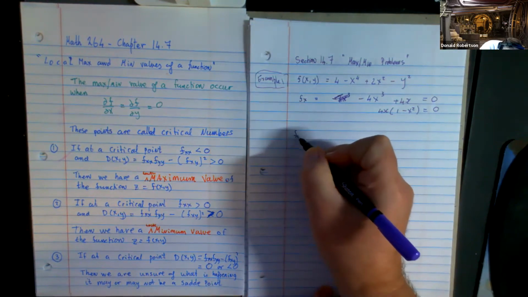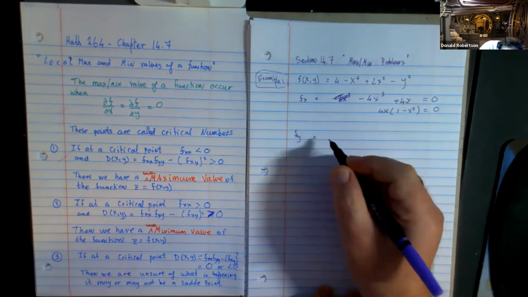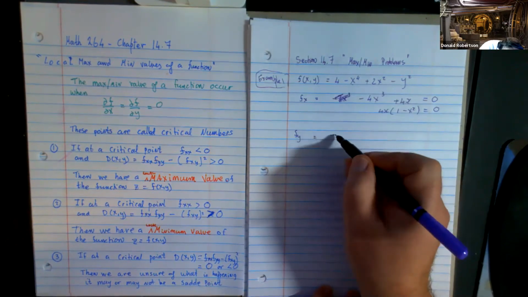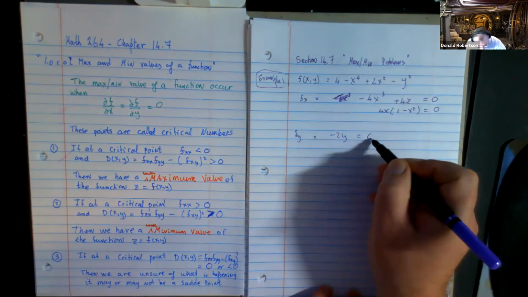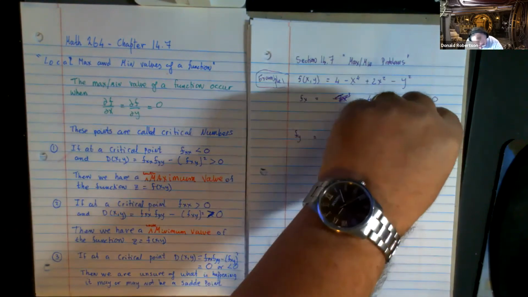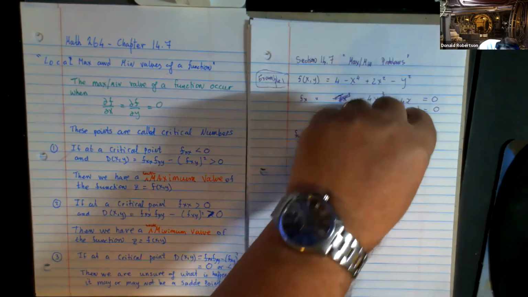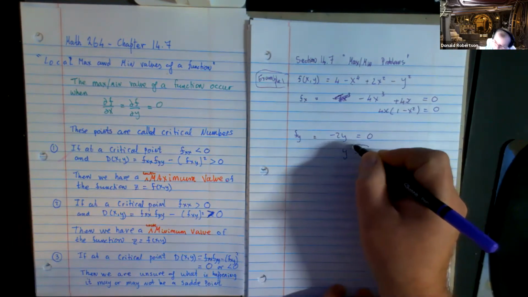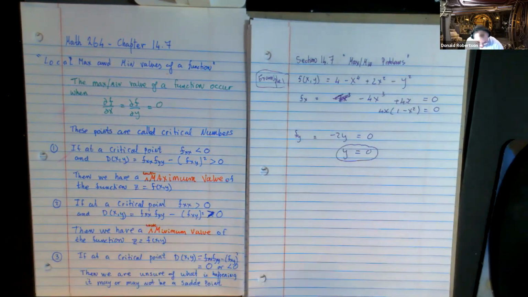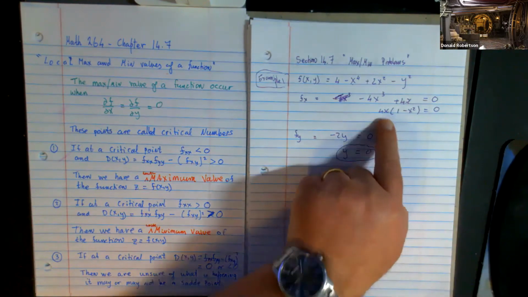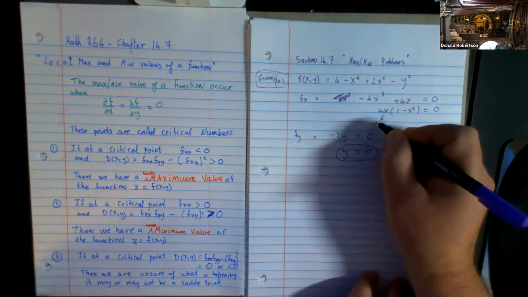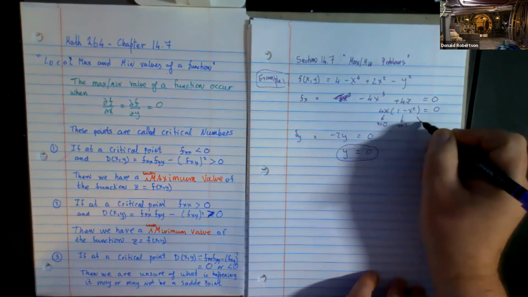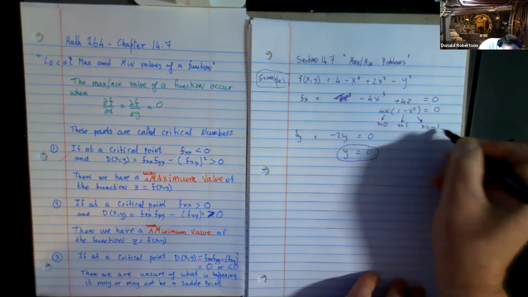Now, if I do the derivative with respect to y, we really don't get very much. If both of these are going to be true, this one's very easy to solve. Won't the y value be 0? And in this case, the x value could be 0, it could be 1, and finally it could be negative 1.